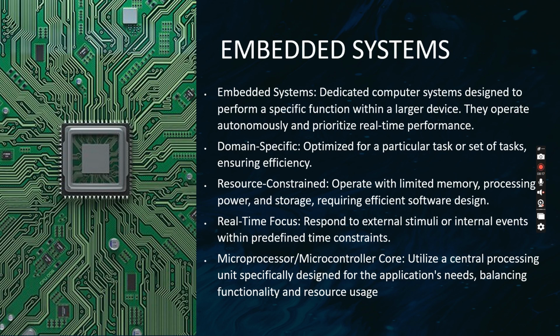In addition to the processor, embedded systems also comprise peripherals and sensors to interact with the physical world and respond in real time. These peripherals can include interfaces like UART, SPI, and I2C for data exchange, timers for precise timing control, analog to digital converters for interfacing with analog sensors, and digital to analog converters for generating analog signals.